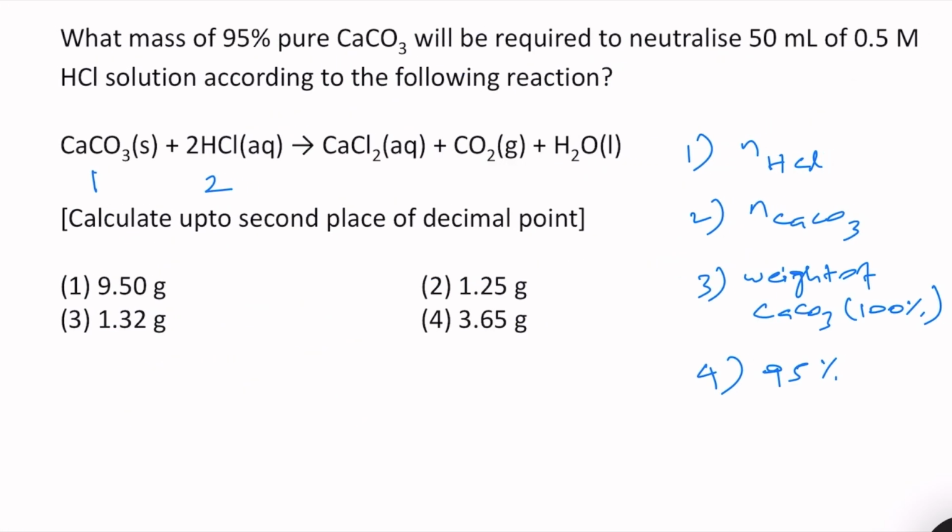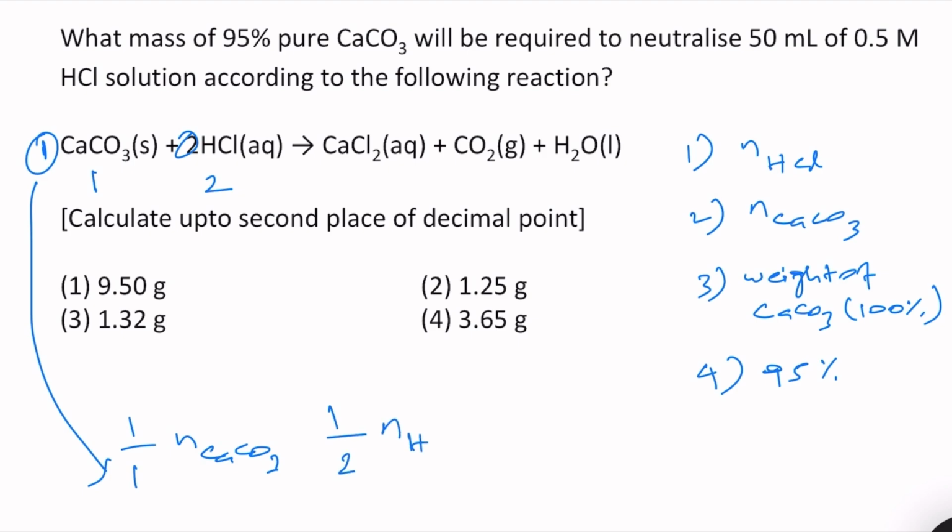Now, how do we write stoichiometric moles here? Stoichiometric moles, we can write that as one by whatever is the coefficient that you have here, that we bring in the denominator. Number of moles of CaCO3, and here we have 2 as the coefficient, and therefore 1 by 2 number of moles of HCl.